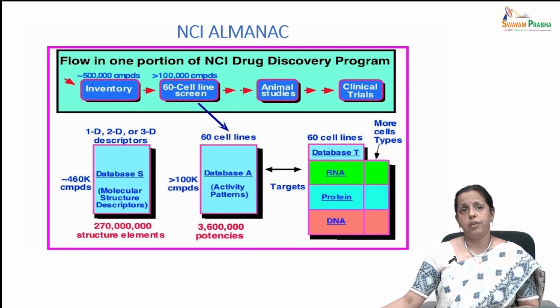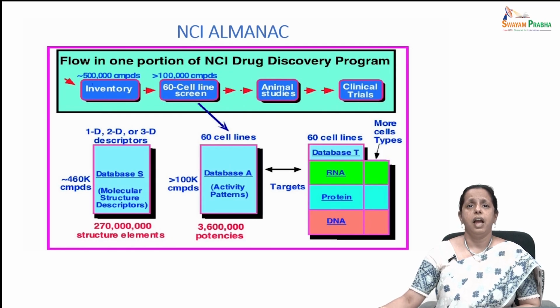So, if there are around 50,000 to 60,000, less than 1 lakh compounds, they come to the 60 cell line screen, and some of them will go for animal studies and further for toxicity studies and clinical studies.